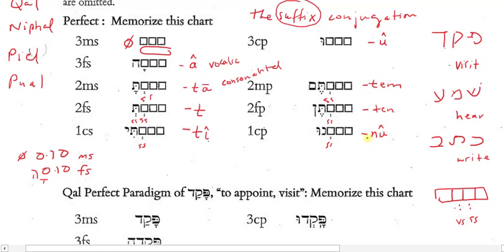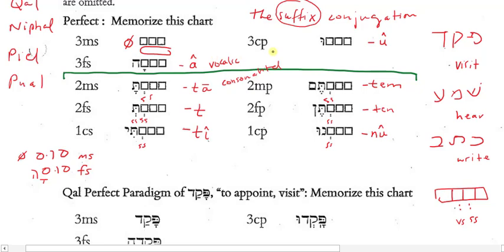Okay, so when I'm adding suffixes or personal endings, I can distinguish them in terms of whether they are consonantal or vocalic. So let me ask you to think about this. Where are all of my consonantal endings? They're all below third person, right?